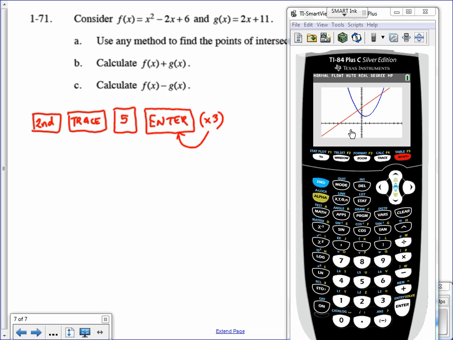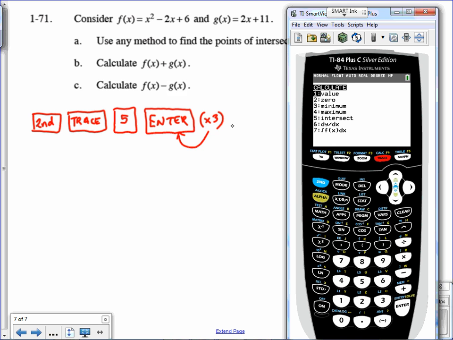So let's see how this works. First of all, second. We're going to the trace button. We're going to choose number 5, which is the intersect command. Now I want to find the intersection on the left first, so I'm going to make sure my cursor is a little closer to that intersection. It doesn't have to be right on it. I'm going to mark my first curve, enter.